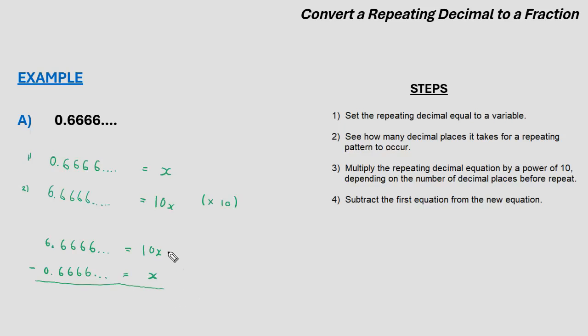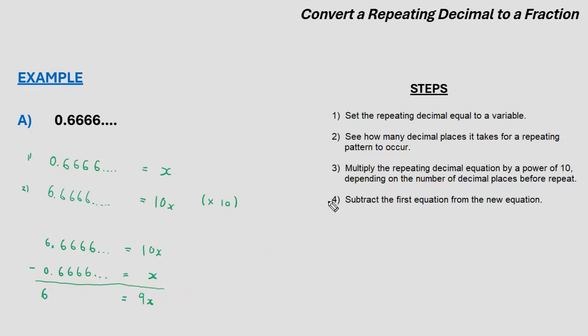So on the right side, 10x minus x leaves us with 9x. Now on the left side, when we subtract the second decimal from the first, the decimal expansion disappears. It's being subtracted away. And 6 minus 0 just leaves us with the number 6.